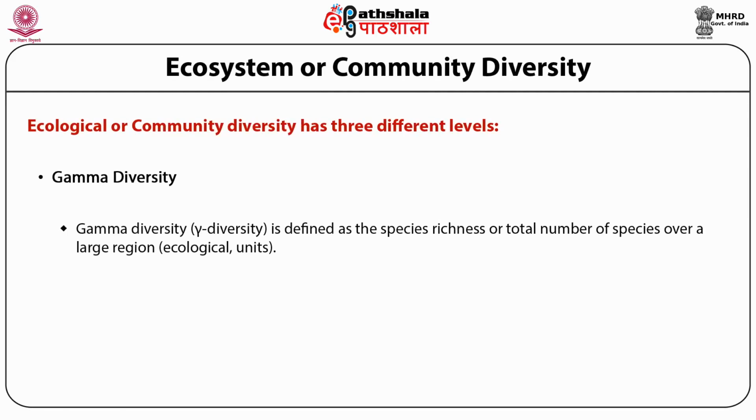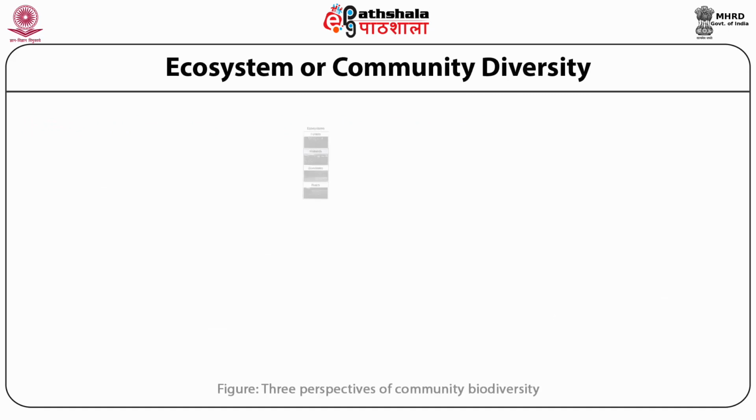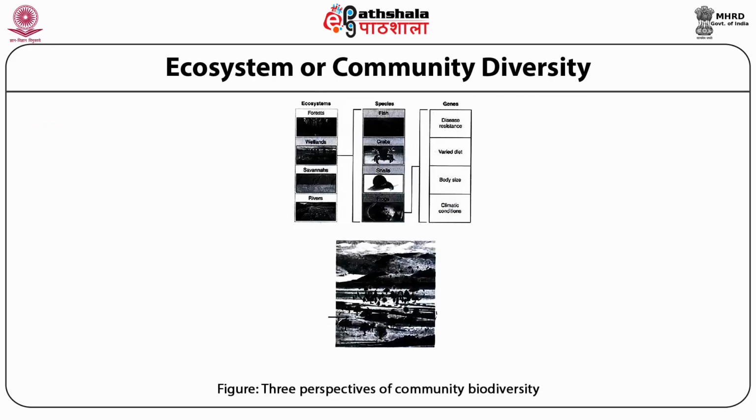Gamma diversity is defined as the species richness or total number of species over a large region of ecological units. Gamma diversity, also called large-scale landscape diversity within a region, is given by the quantitative measurement of overall diversity for different ecosystems. It is often expressed as the species richness of component communities. This figure represents three perspectives of community biodiversity.